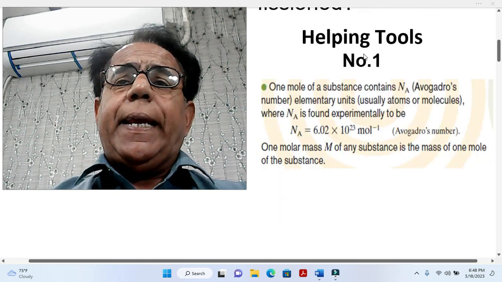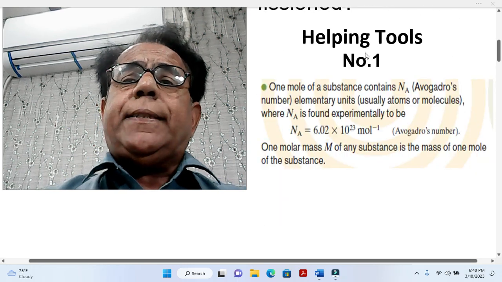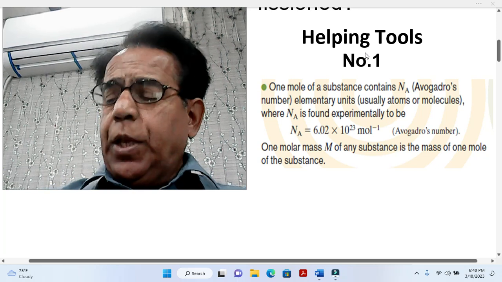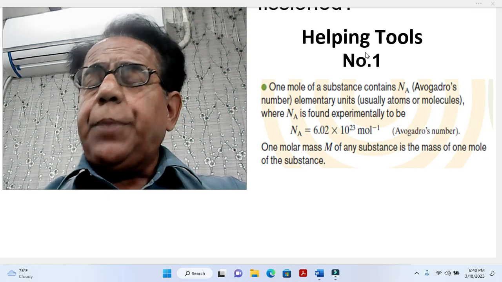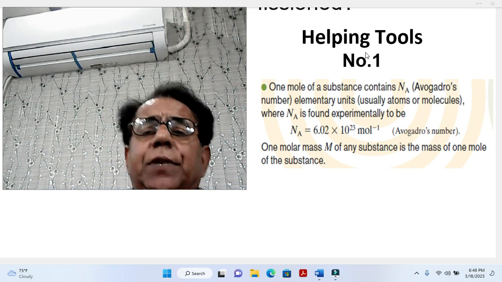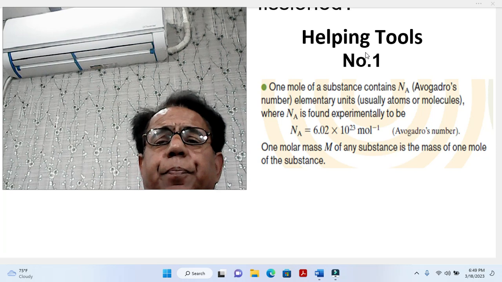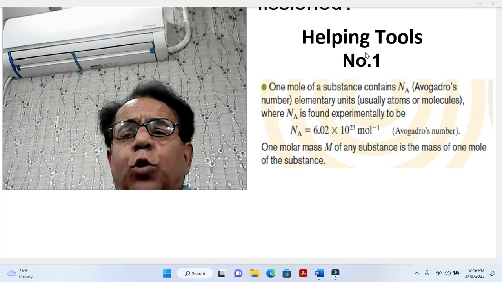Dear students, as usual, we first come towards helping tools. Our first helping tool is just a definition of Avogadro's number.